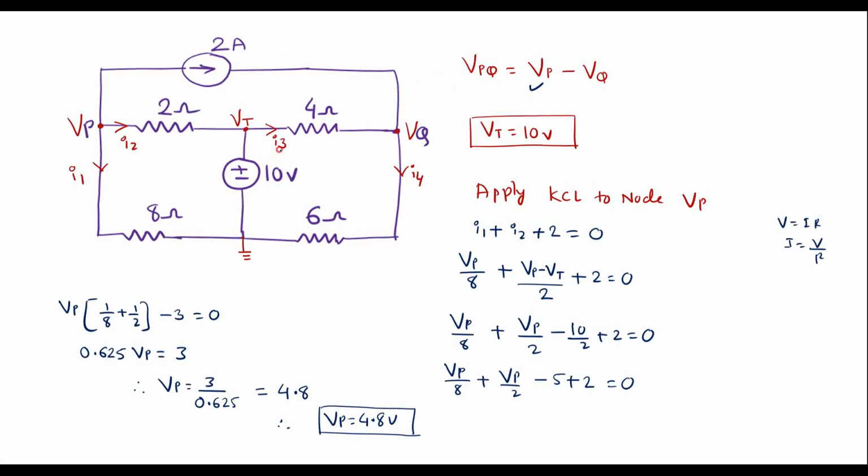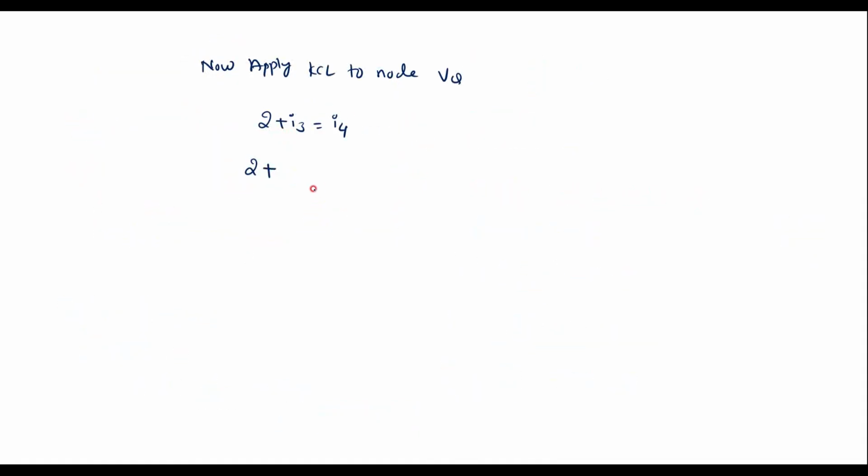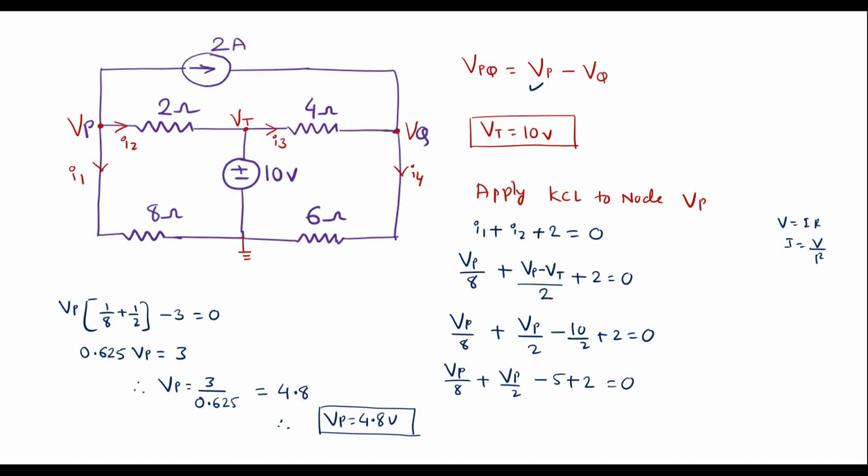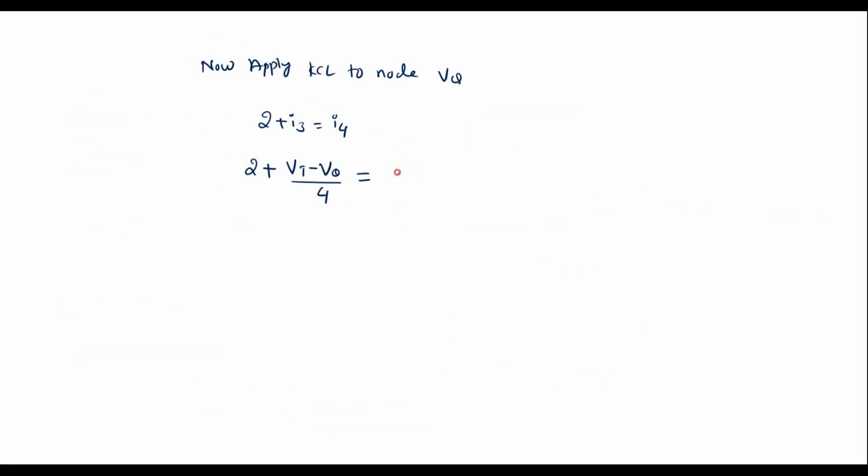So here I3 is nothing but Vt minus Vq divided by 4, that is Vt minus Vq divided by 4, is equal to I4, which is nothing but Vq divided by 6.